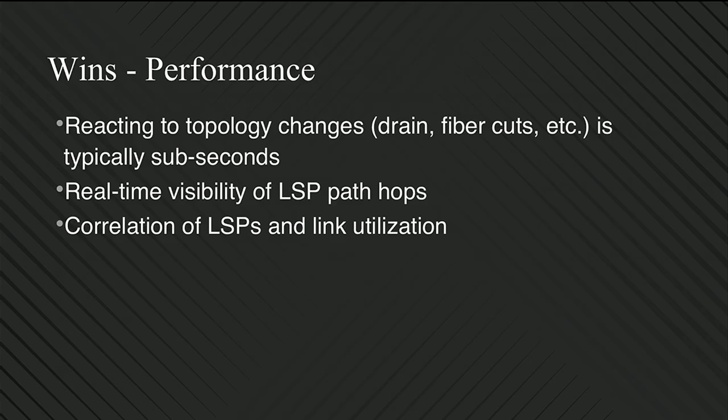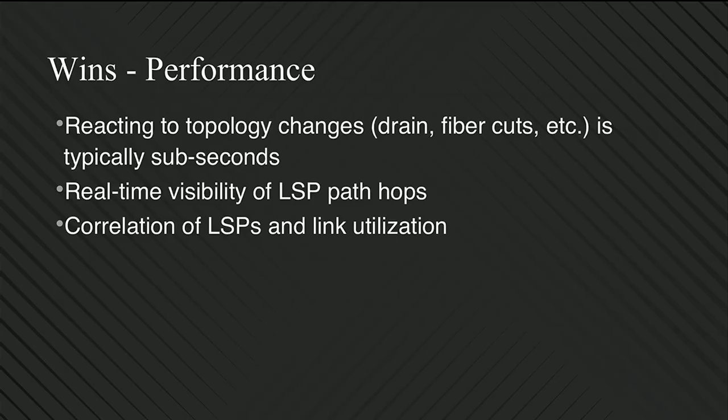We also get real-time visibility of the LSP path hops. This is because the LSP, instead of being negotiated among routers, is centrally designed by the controller. So we can simply query the controller for what the expected LSP mesh is at the moment. We also archive all these LSP meshes for historical analysis. We also have an sFlow collector that has the global view of the traffic demand.